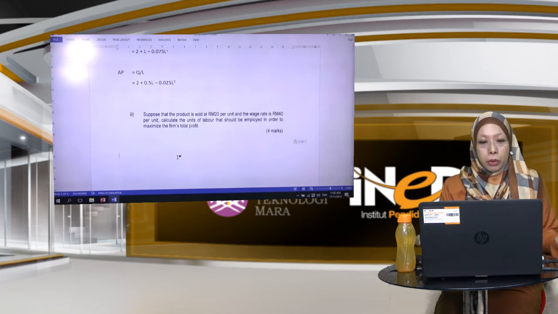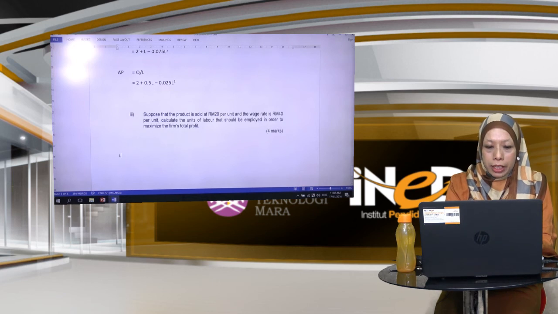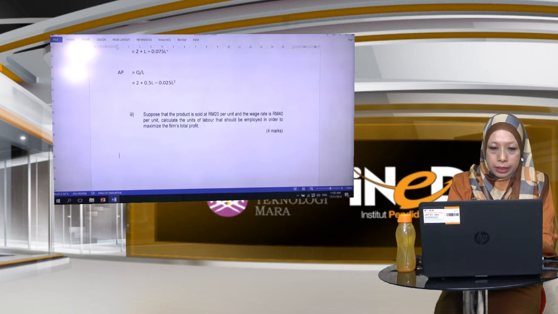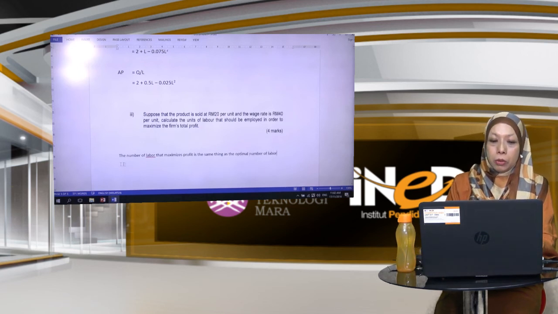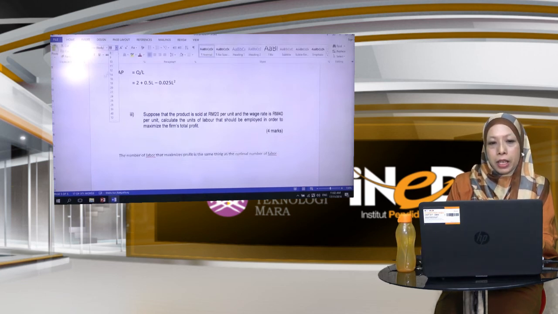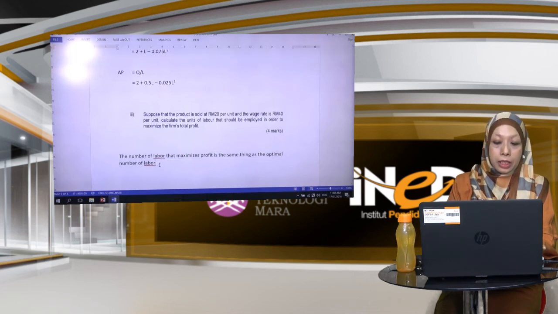The number of labor that maximizes profit is the same thing as the optimal number of labor. So don't worry when you see the term labor that maximizes profit, that is exactly the same thing as the optimal number of labor.